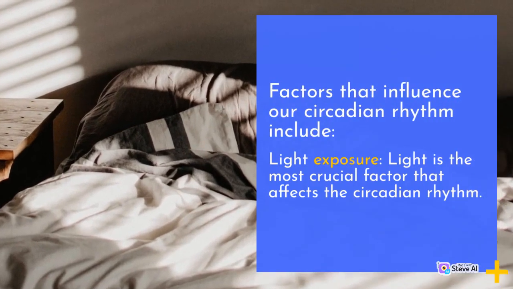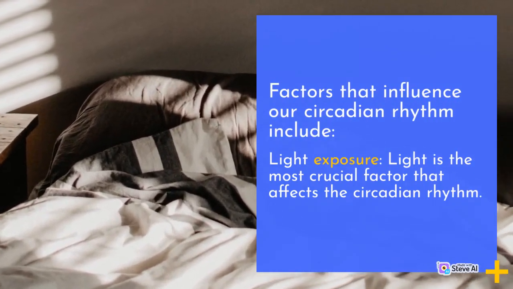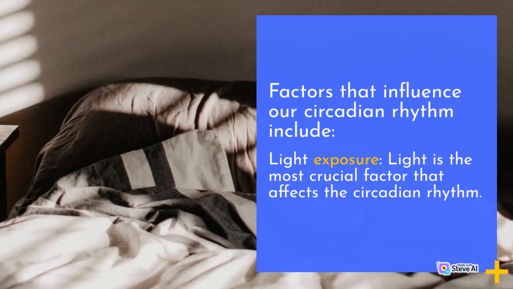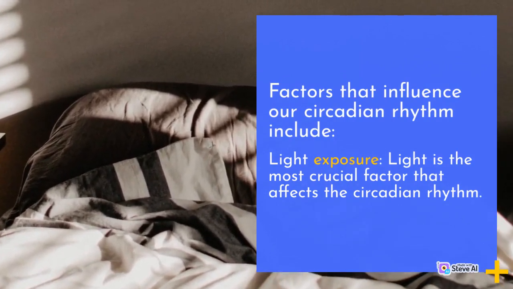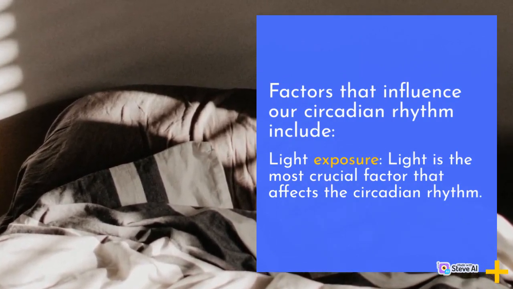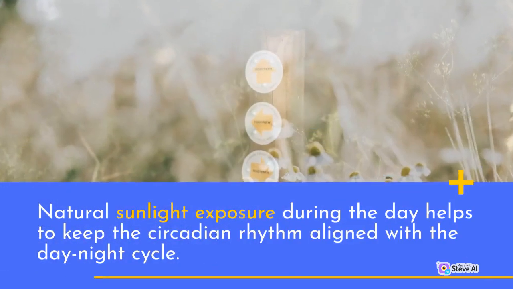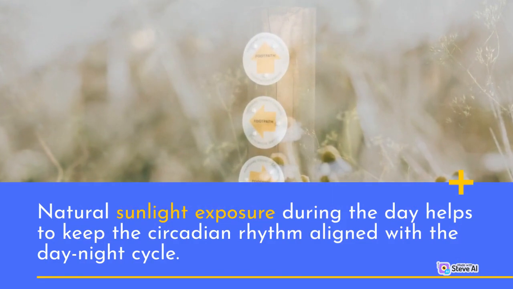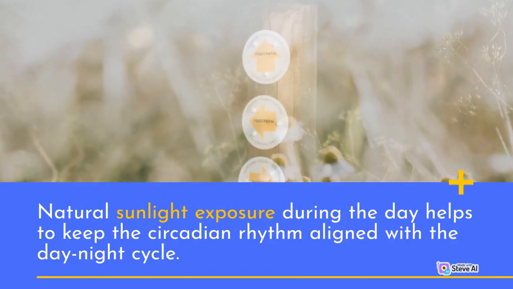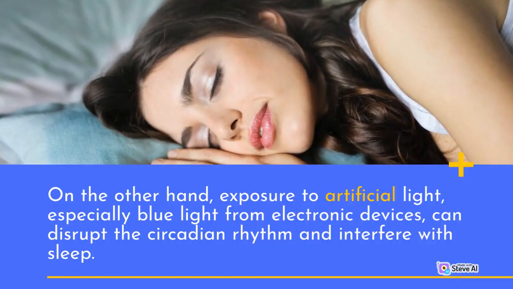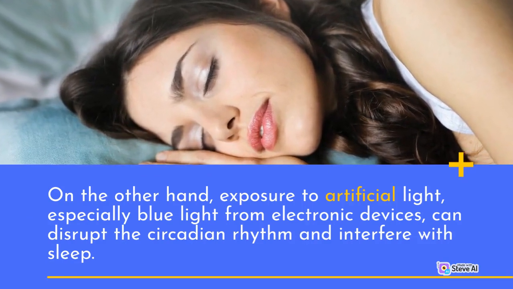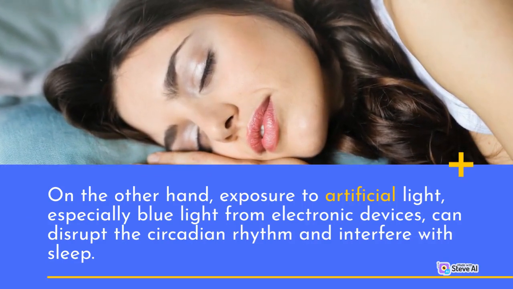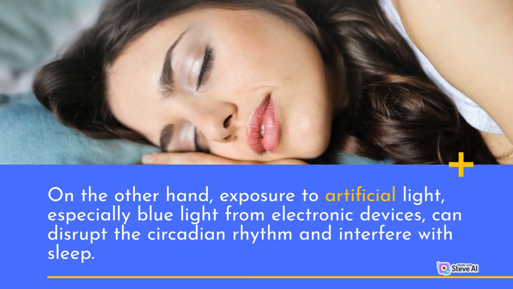Factors that influence our circadian rhythm include light exposure. Light is the most crucial factor that affects the circadian rhythm. Natural sunlight exposure during the day helps to keep the circadian rhythm aligned with the day-night cycle. On the other hand, exposure to artificial light, especially blue light from electronic devices, can disrupt the circadian rhythm and interfere with sleep.